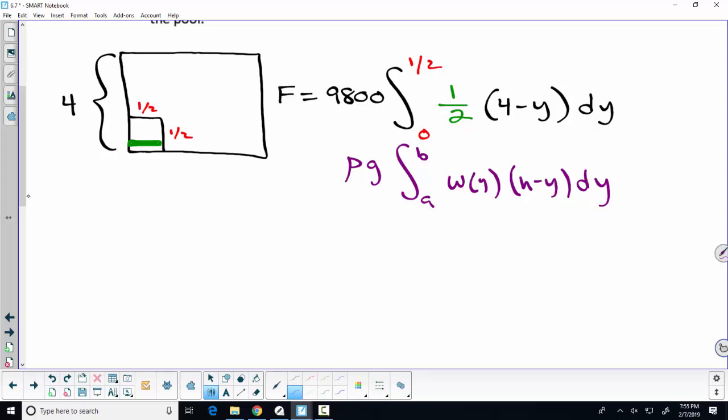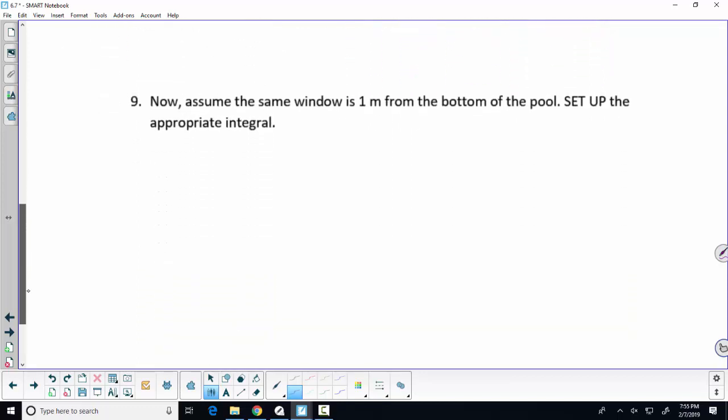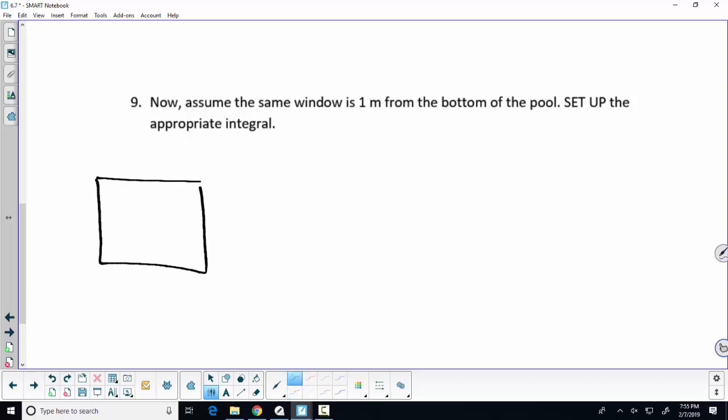So, with that in mind, what's going to change here with number 9? The window is the same window, but it's 1 meter from the bottom of the pool. Right. Good. So the bounds are the only thing changing because the pool is still 4 meters tall. 1 to 1.5, right. So here's the viewing window now.